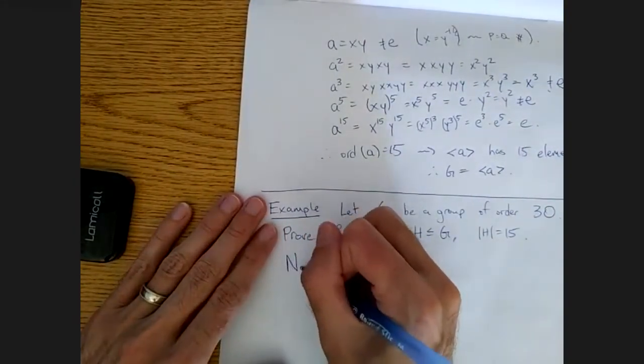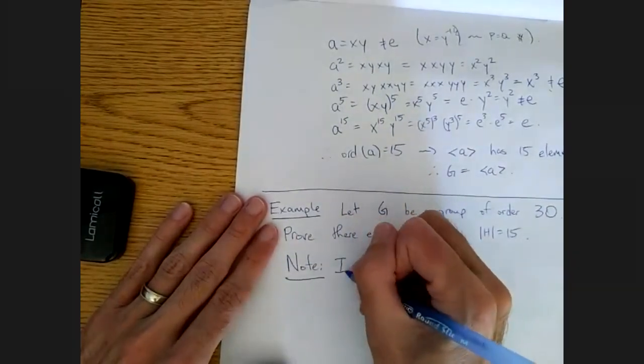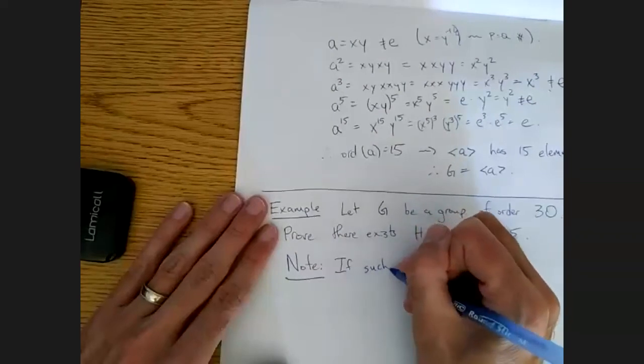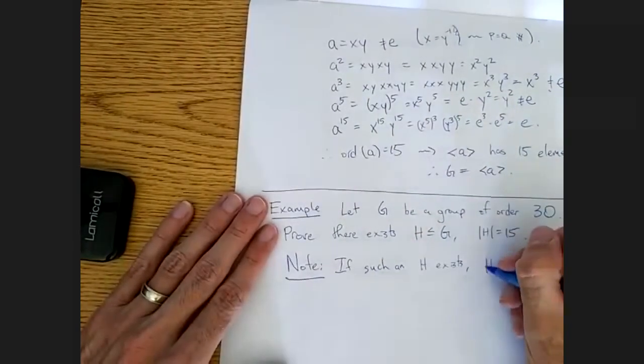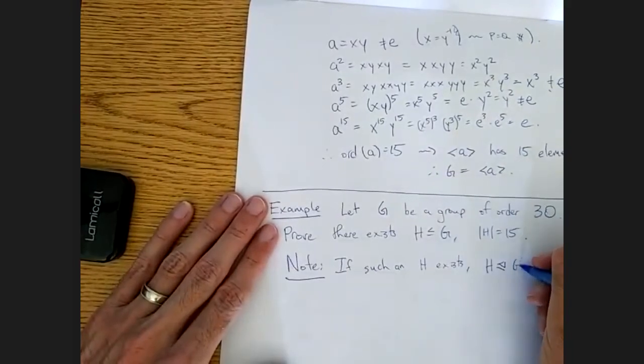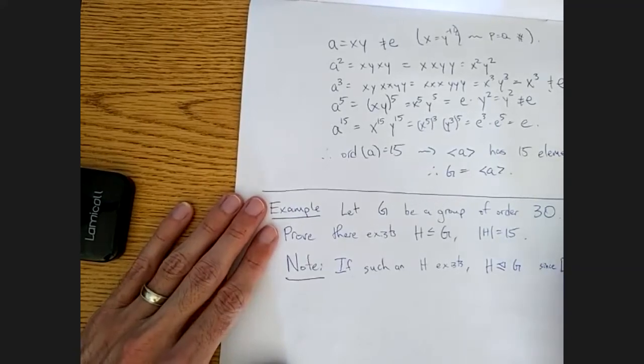Now note that a subgroup with 15 elements, if such an H exists, H is automatically normal in G because the index is 2.